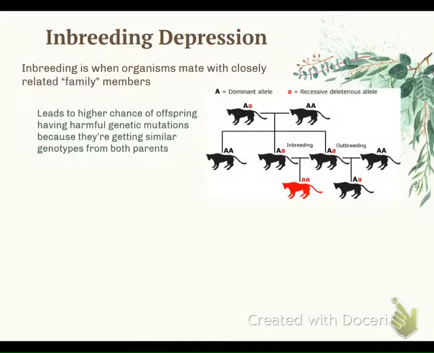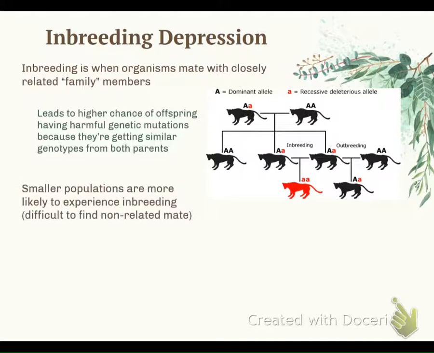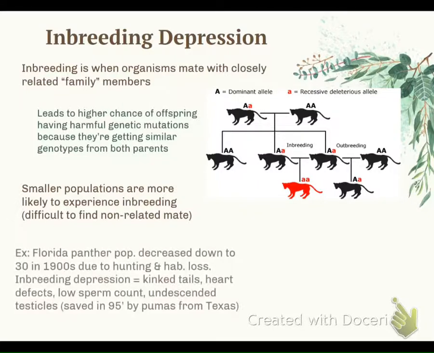For example, if these cougars interbreed, and interbreed, there's more likely going to be a problem with recessive alleles. Because of smaller populations, there's more chance of not being able to find a non-related mate.